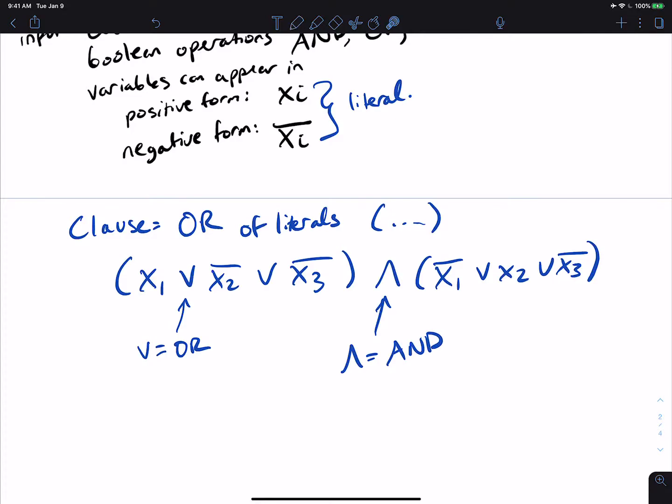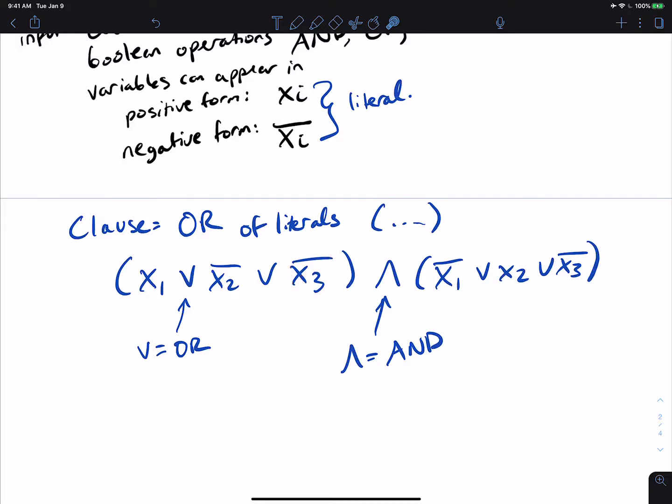So what we're saying is that if I say that x1 is true, x2 without the bar, just normal x2, is false, and x3 is false, then x1 is given the value true. x2, if I gave it false, the negation says that this is true. x3 was false, so the negation says that this is true.